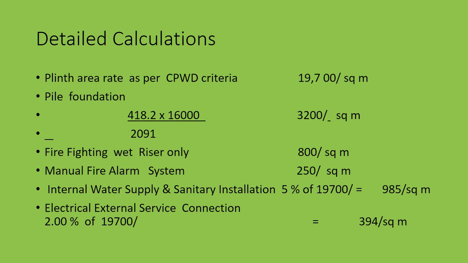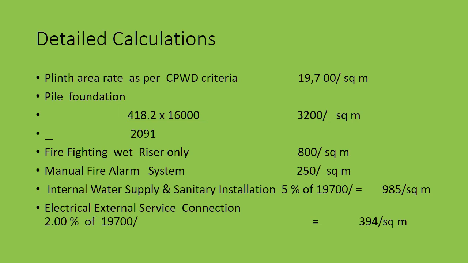Firefighting wet riser only, so 800. Fire alarm, here it is manual only, so it is 250 per square meter. In the previous case it was automatic, so it was 600 per square meter. So it varies according to the provisions in the flat.